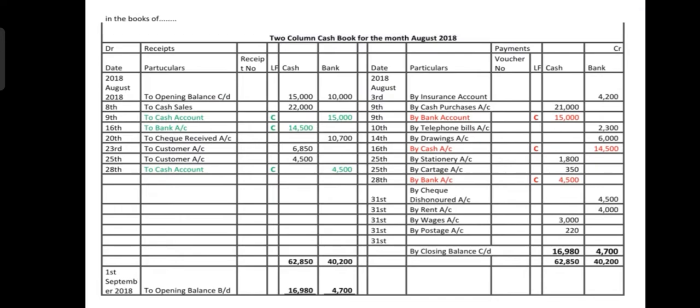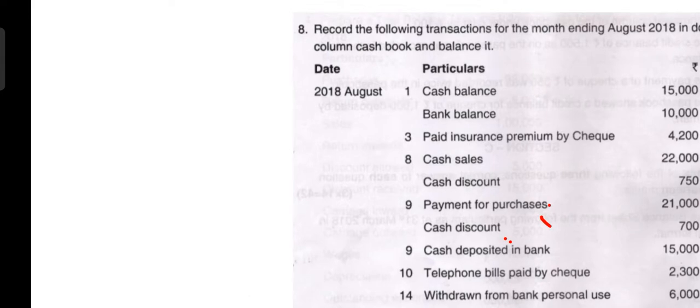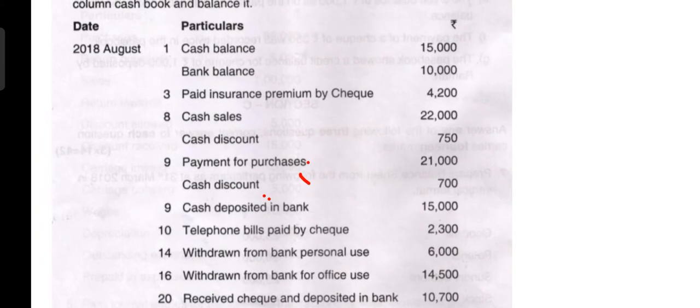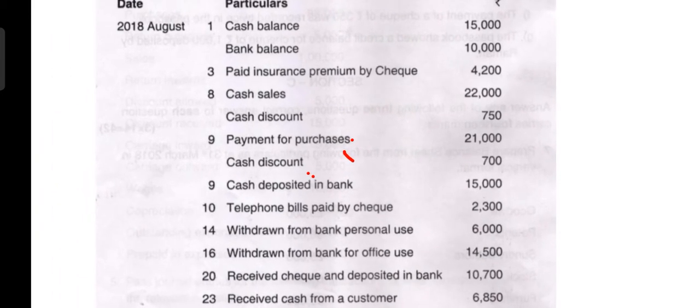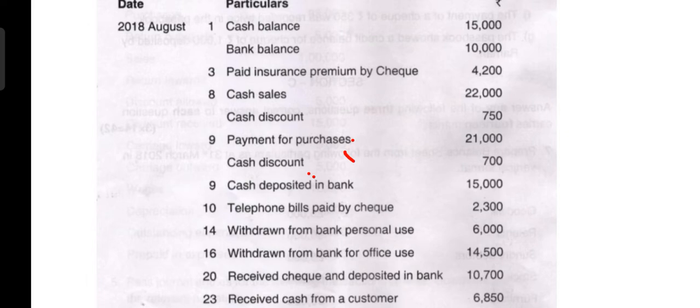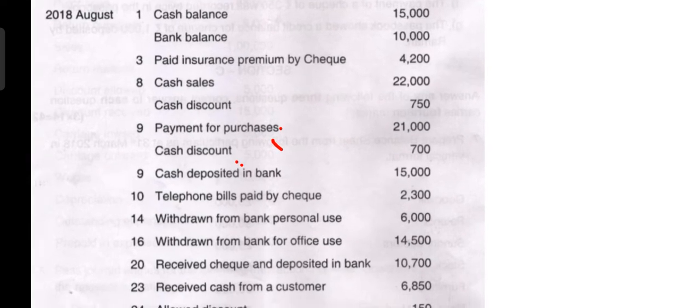Now let us go back to the next transaction. One more thing is there, cash discount. Actually this is the word which is used in the problem, and this is wrong information. Whenever there is cash sales, we are not going to give any cash discount.